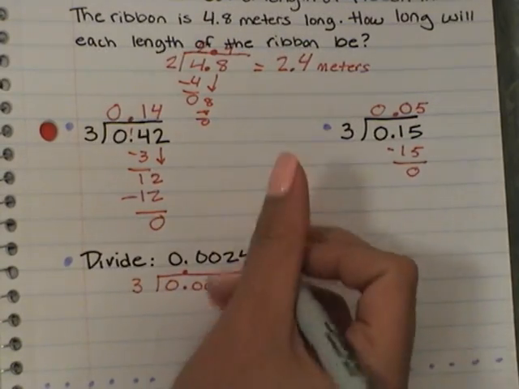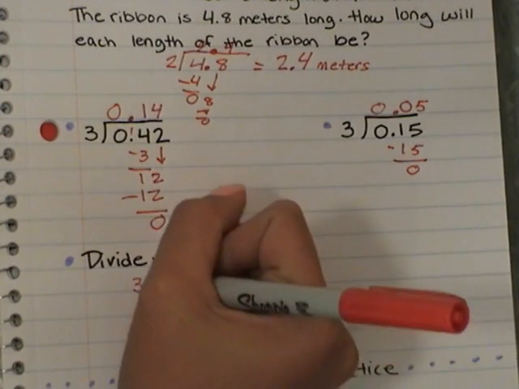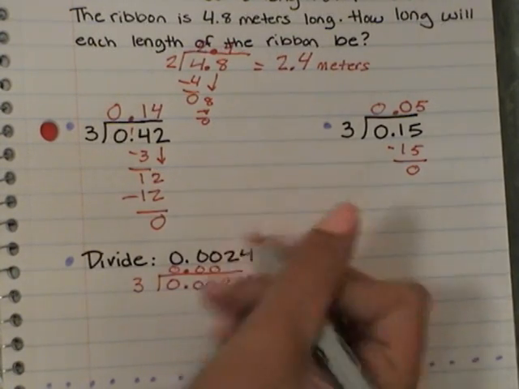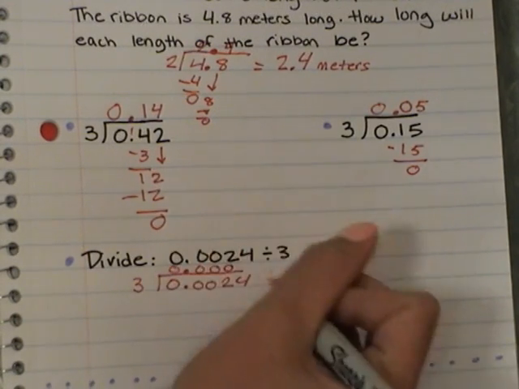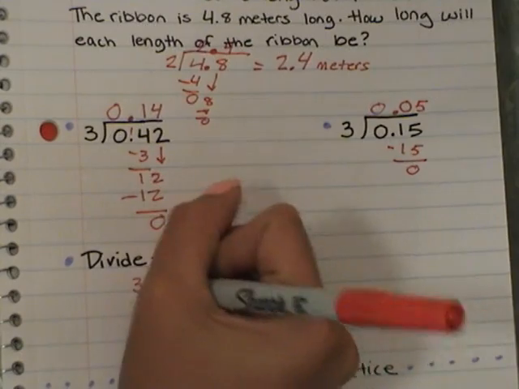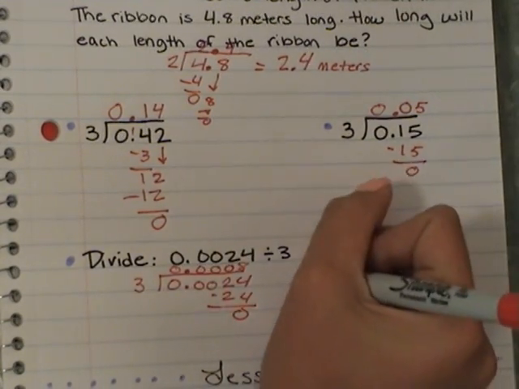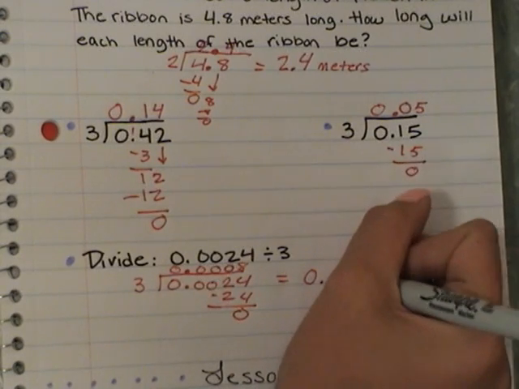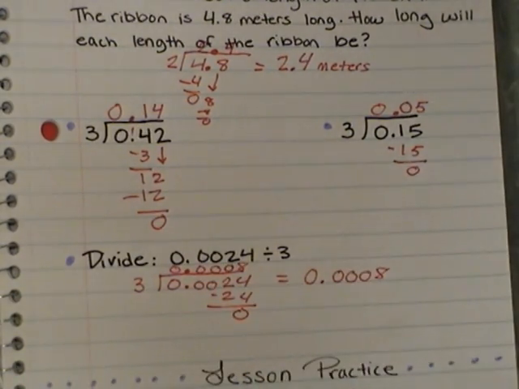Now I can do my problem. 3 goes into 0, 0 times. 3 goes into 0, 0 times. 3 goes into 0, 0 times. 3 goes into 2, 0 times. 3 goes into 24, 8 times. 8 times 3, 24, minus 0. So now I have my answer. Tenths, hundredths, thousandths, 8 ten-thousandths. That is my answer.